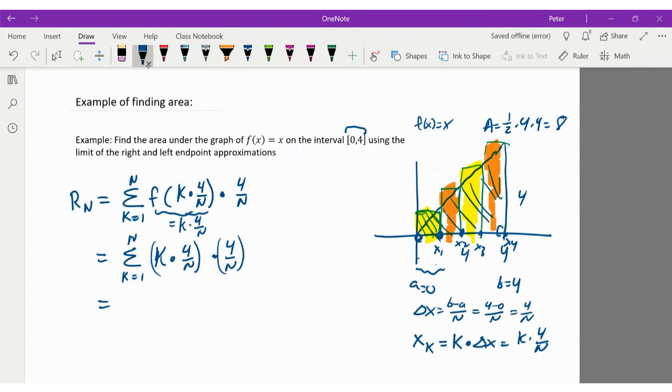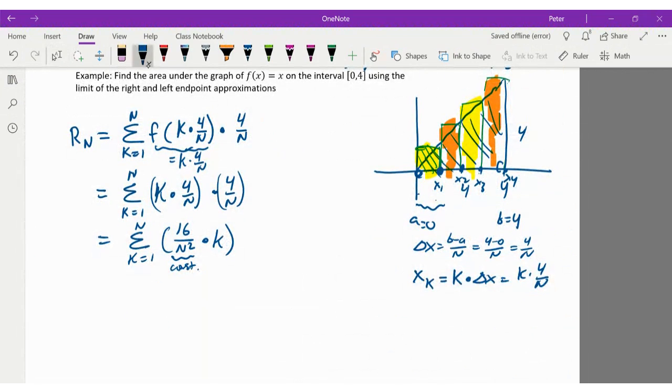That equals the sum from k equals 1 to n of 16 over n squared times k. n is not a variable here, it's just a constant, so I can pull it outside. So this equals 16 over n squared times the sum from k equals 1 to n of k.